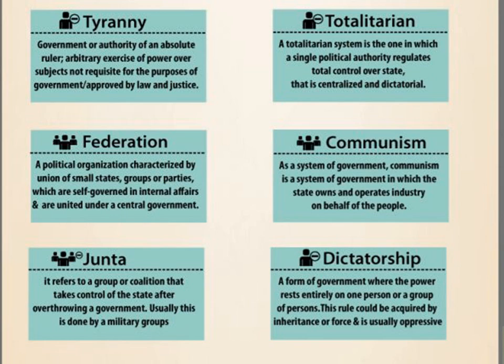A junta, bottom left there, is a group that takes control after overthrowing the government. A lot of times you'll hear this referred to as a military junta. An example of that is Burma or Myanmar after the overthrow of the government in 1989, 1990. After the 1990 elections that took place there, the military junta that was there did not turn over control to the democratically elected leaders.